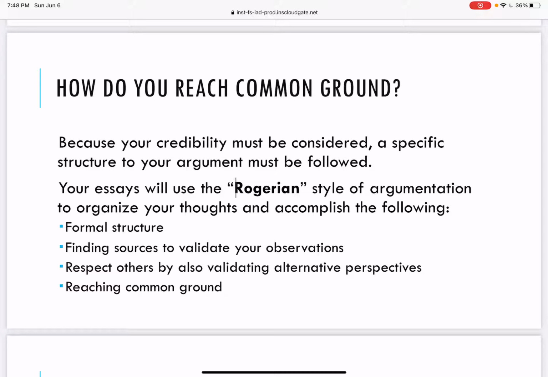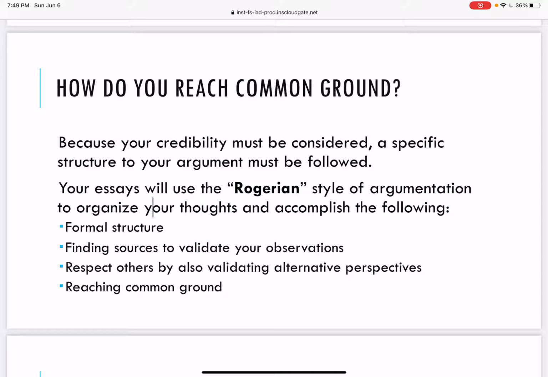So make sure you carefully read the readings about Rogerian versus Aristotelian style arguments, because this essay, the argument research essay, will use the Rogerian style of argumentation. And the reason why is because that's the goal of Rogerian style arguments. It's to reach common ground.